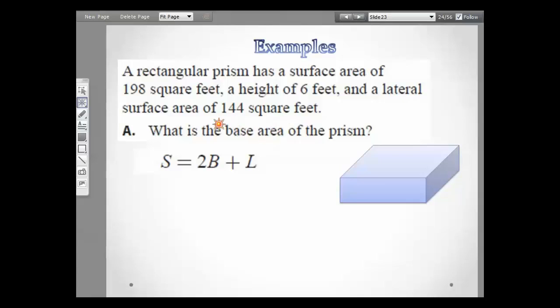Let's look at an example here. It says a rectangular prism has a surface area of 198 square feet, a height of 6 feet, and a lateral surface area of 144 square feet. What is the base area of the prism? Okay, here they gave us capital S, which is 144. They're wanting us to find out what B is, and they gave us the information to calculate the lateral surface area.